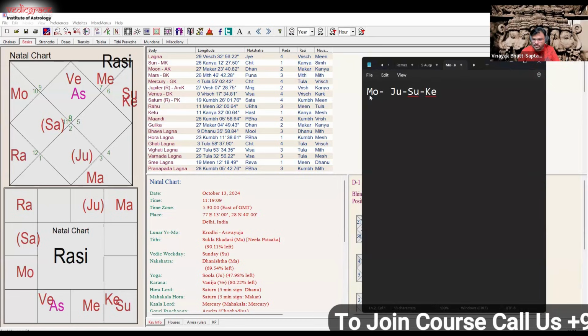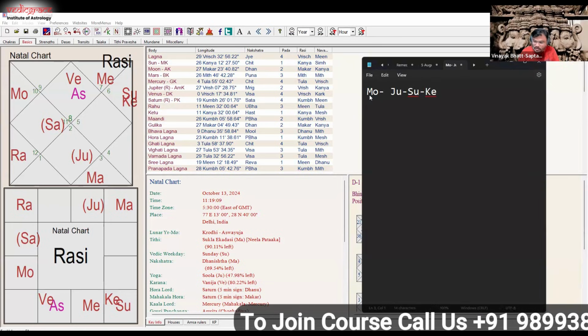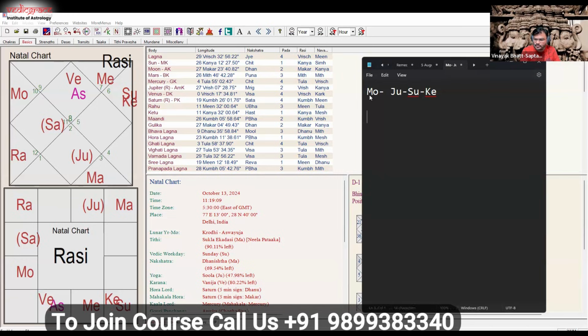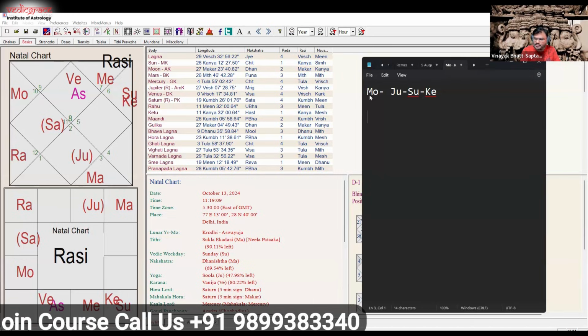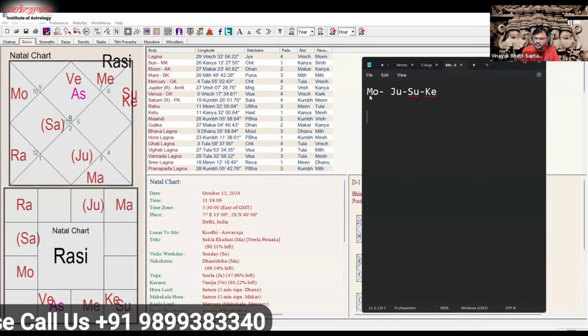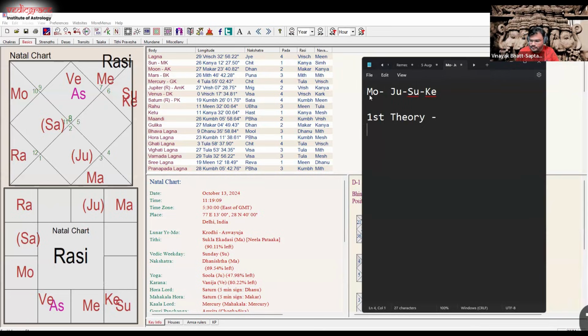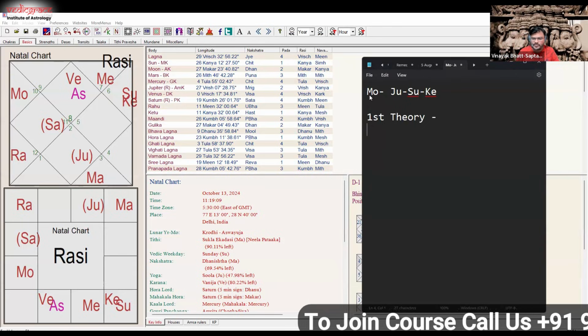Now understand this concept very clearly. There are two theories in it. I will explain both theories and also which we need to follow. The first theory says we need to arrange planets degree-wise, and for arranging the planets, we can include all three triangles together. What does it mean?